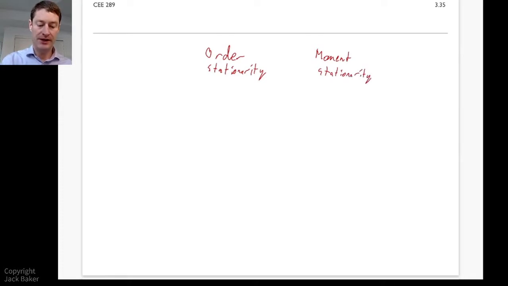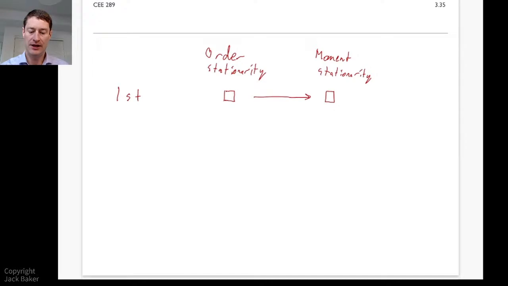And then we could think about, say, first order stationarity and first moment stationarity. If I have a process and I can check that box that it's first order stationary, then that ensures that it's first moment stationary. Right? So first order stationarity implies first moment stationarity.